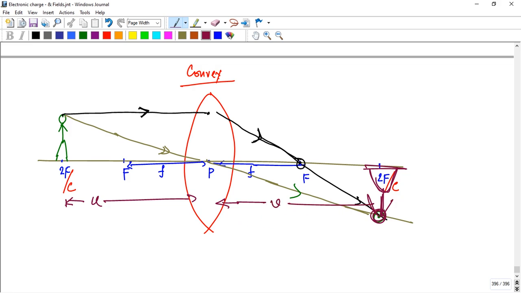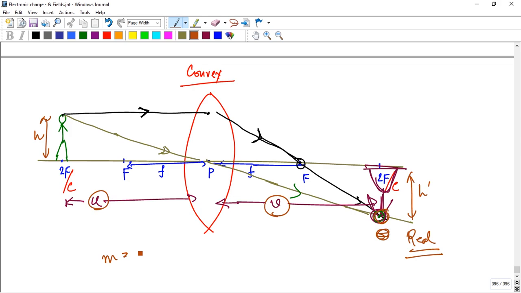Look carefully: that's the height of the object, that's the height of the image. This emergent ray from the lens actually meets at a point. If the rays actually meet at a point, this image is called a real image.